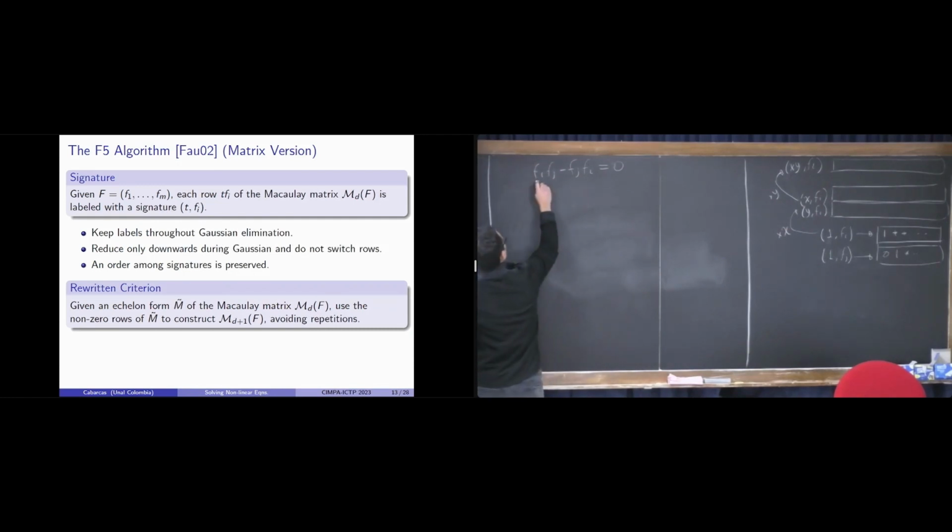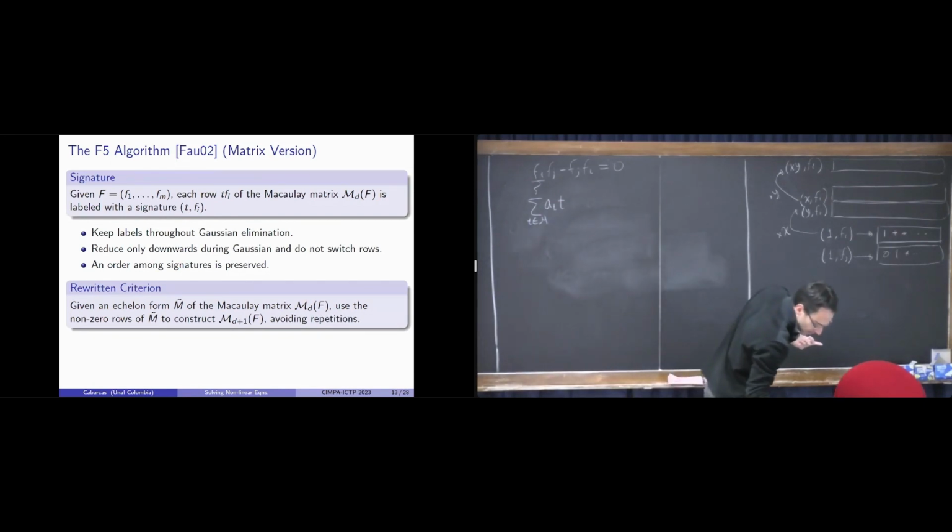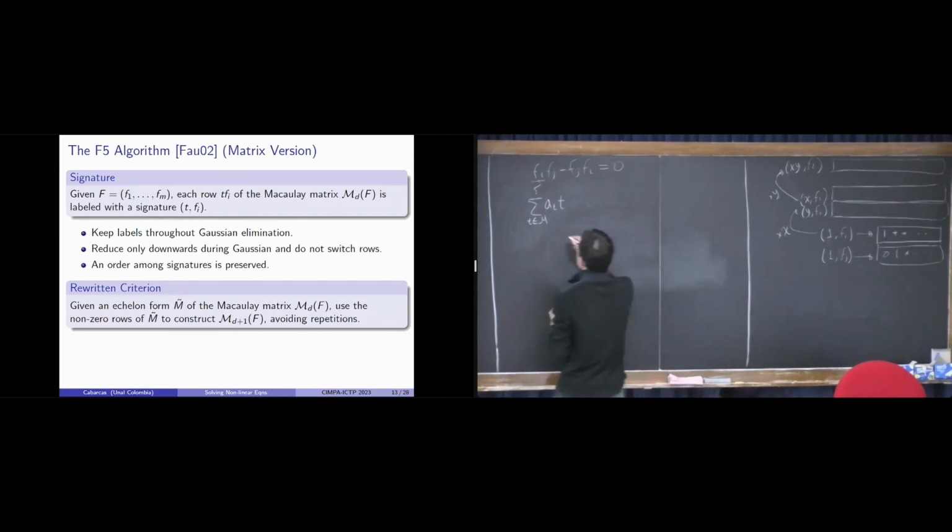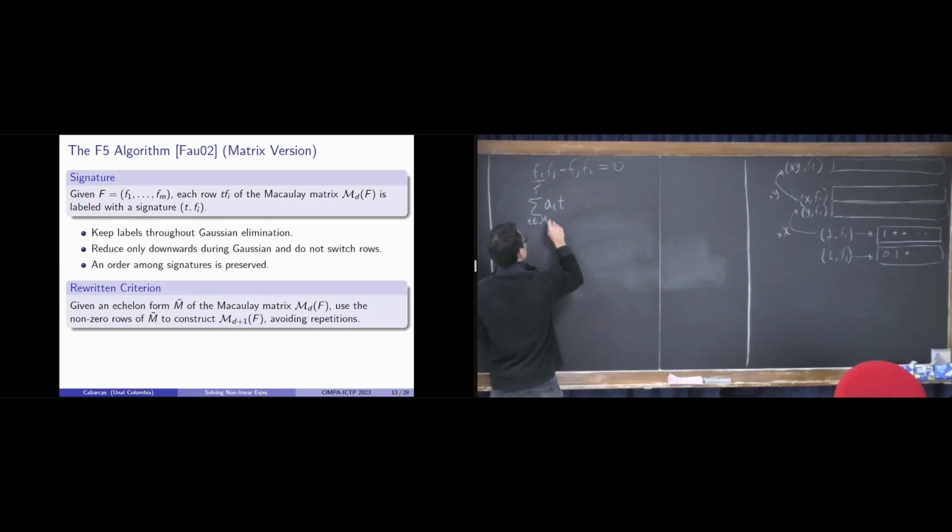Let's suppose that Fi is of this form: a sub t, some coefficient, with t in some set of monomials, let's say of degree d minus di or something.